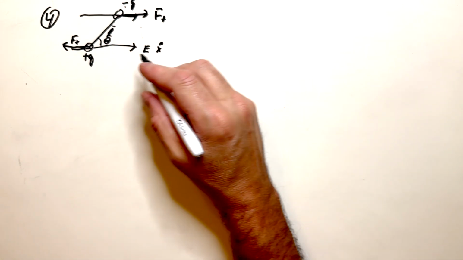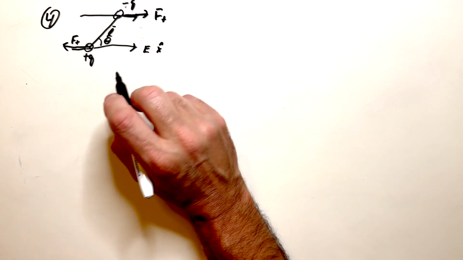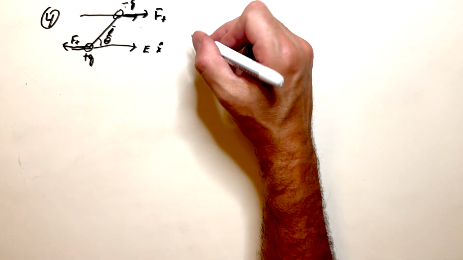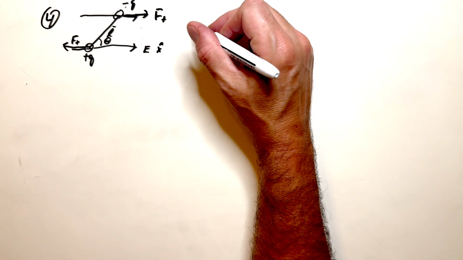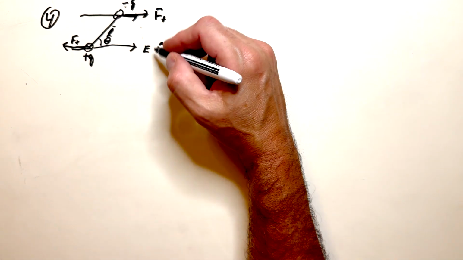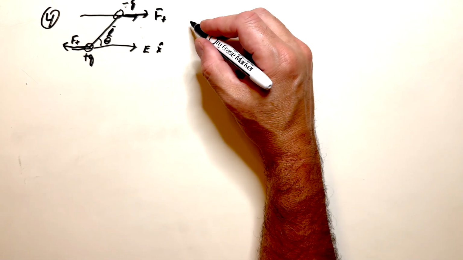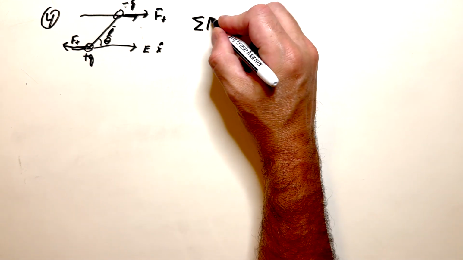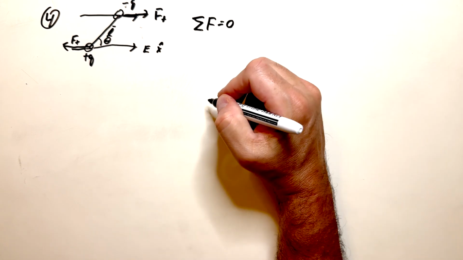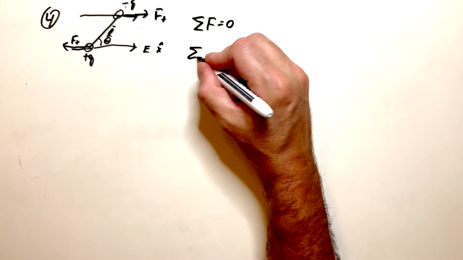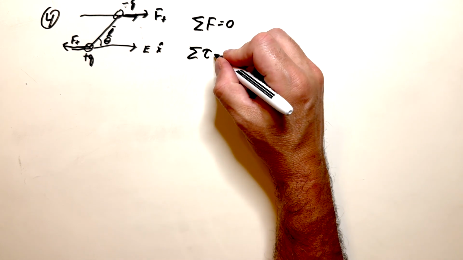This of course is going to cause a twisting motion or a torque. The sum of the forces, of course, is 0 because they're equal and opposite. The field is uniform, the charges are the same, just oppositely charged, so the sum of the forces is 0. But the sum of the torques, on the other hand, is not 0, right?